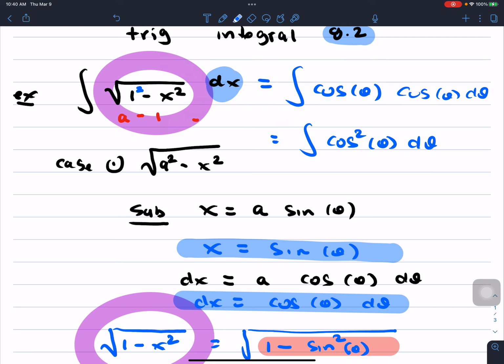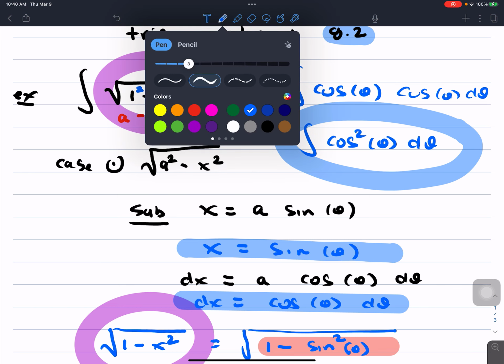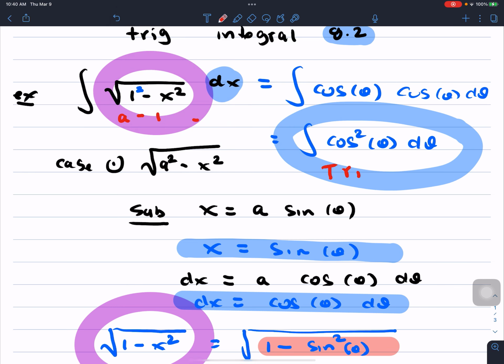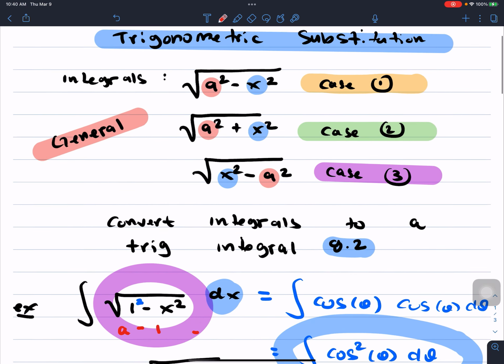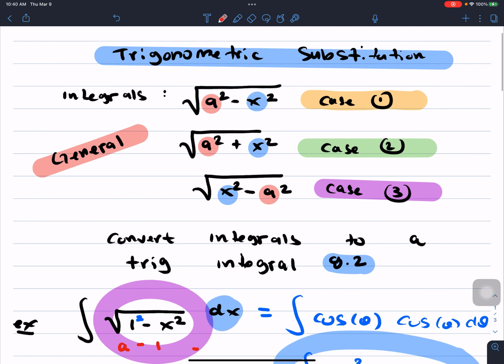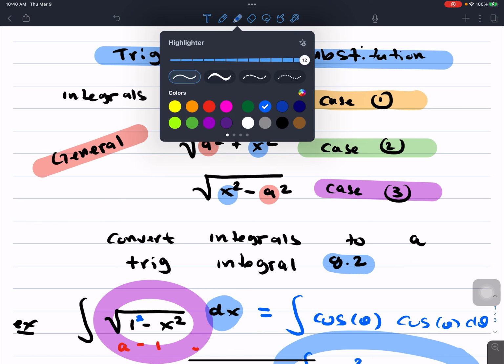Okay? Now, here's the deal. This is known as, what do you guys know this as? Here's my point. This is known as a what? Trigonometric integral. So you are going to take integrals that involve these kinds of radicals, and you're going to make the appropriate trigonometric substitution, because you're going to convert these integrals to what?